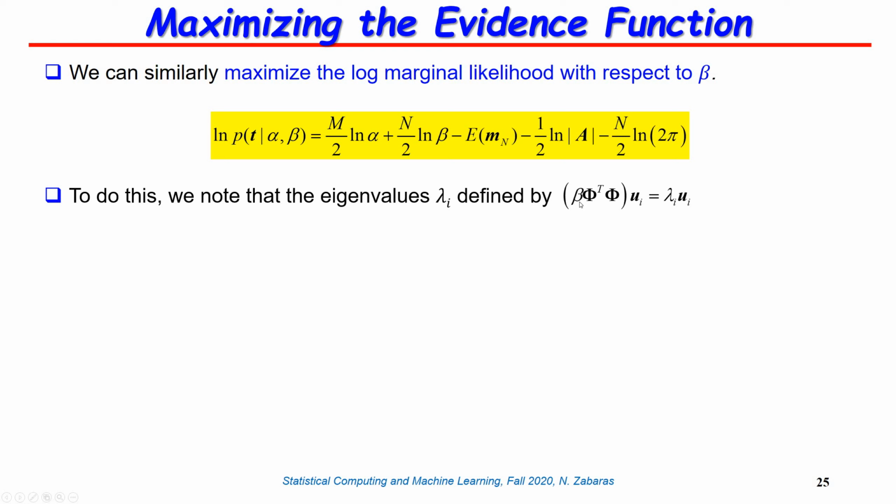You can actually see that lambda_i is proportional to beta. So you can agree with me that the derivative of lambda_i with respect to beta is lambda_i over beta.